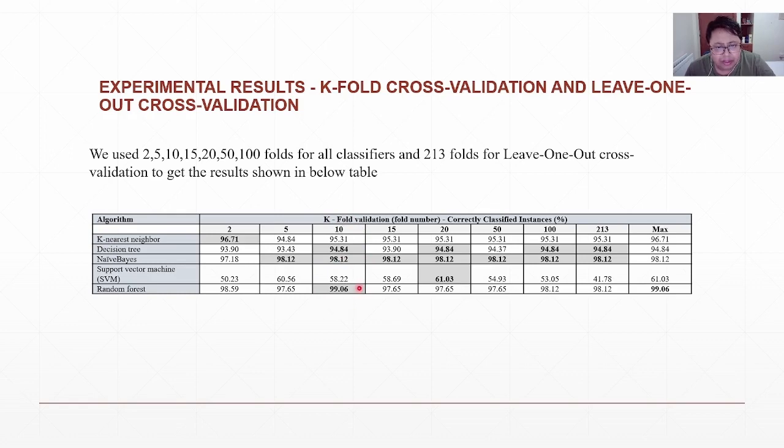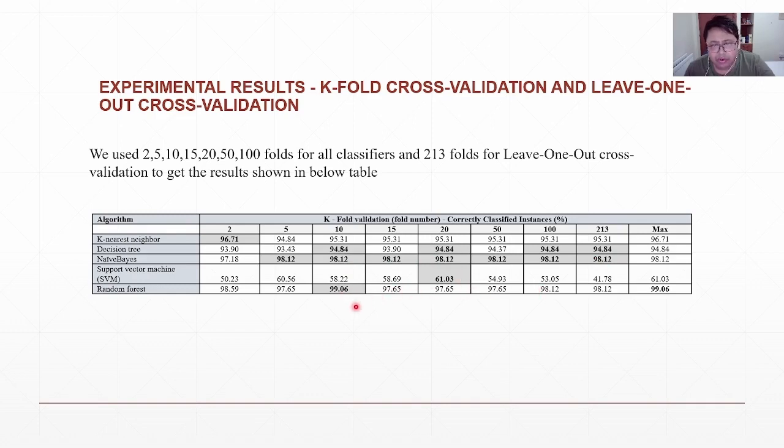If you see that after tenfold it didn't grow, in the decision tree it's 94.84% accuracy, and if you use 15-fold, 20-fold or 50-fold, you will get the same accuracy rate. And for naive Bayes also you will get the same accuracy rate. And for random forest it decreases sometimes.